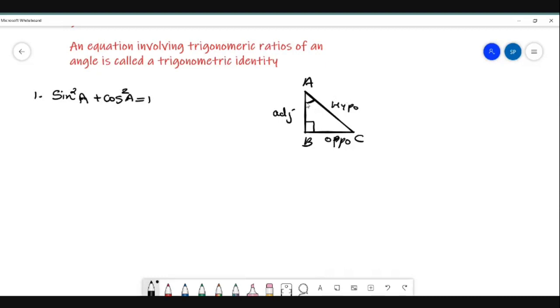Now, I am talking with respect to angle A. So, when I consider angle A, the side BC is called the opposite side, just opposite to A. The side in front of this angle is the opposite side, and the nearby side AB is the adjacent side.